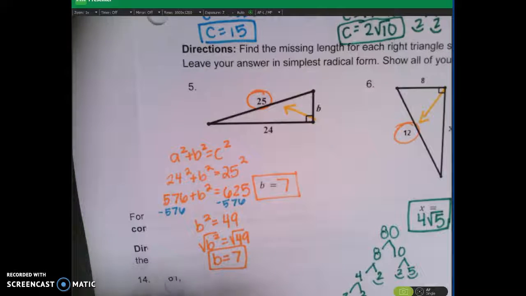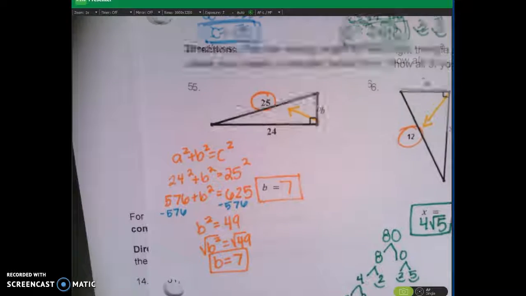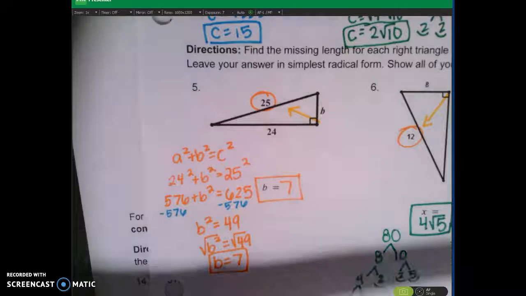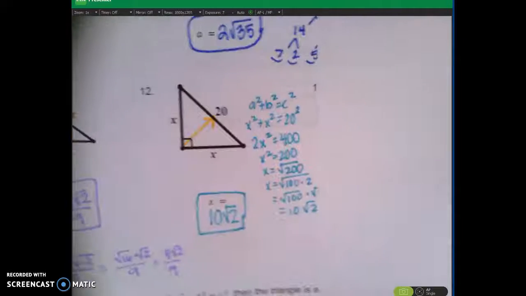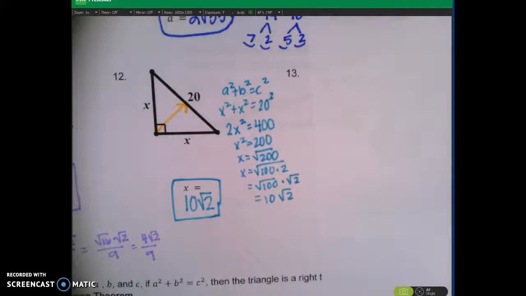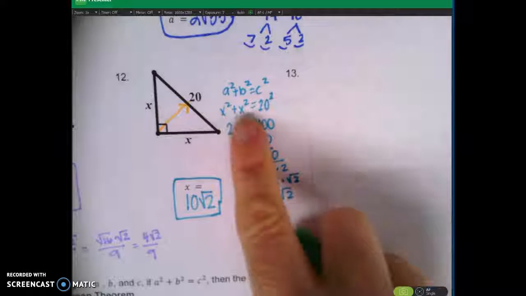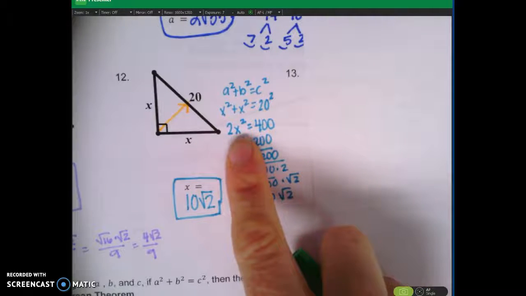Now let's look at number 12, which you just did. Did you get a number and a radical when you wrote it in simplest radical form? Number 12, the answer is 10 radical 2. Notice that x squared plus x squared is 2x squared.